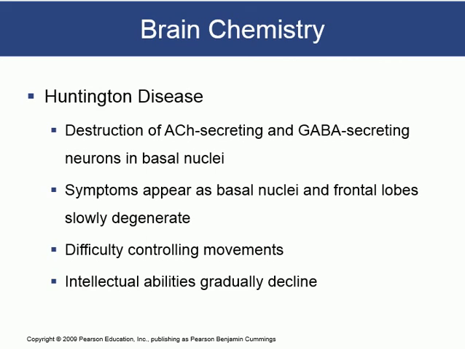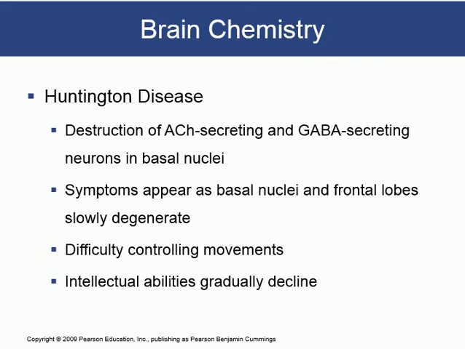Okay? So what do you think will be the treatment for that? Give him acetylcholine. Yes. It doesn't mean it will be cured. Okay? It's improved. So Huntington disease, destruction of acetylcholine and GABA in the basal nuclei. Okay?